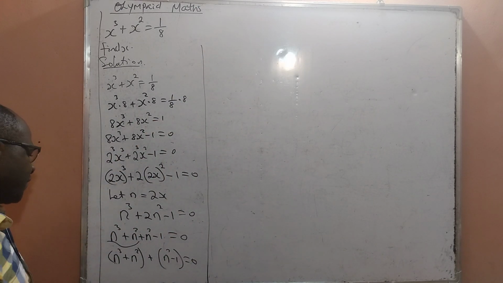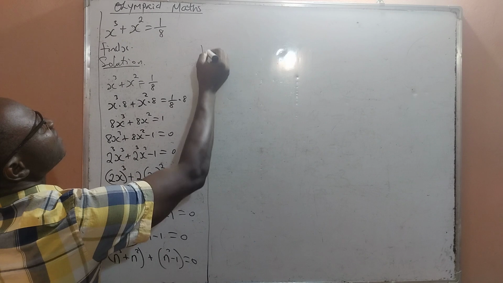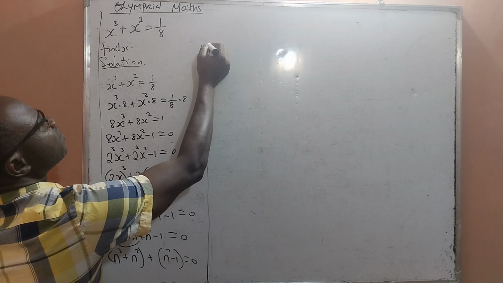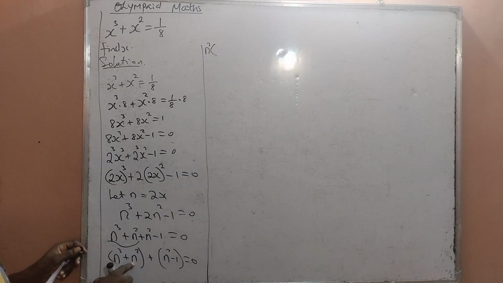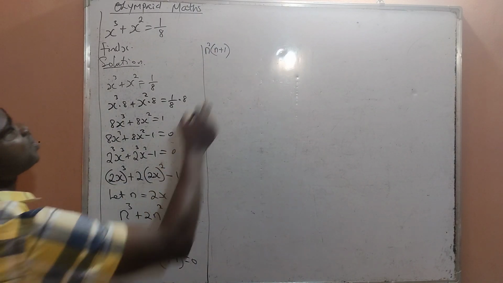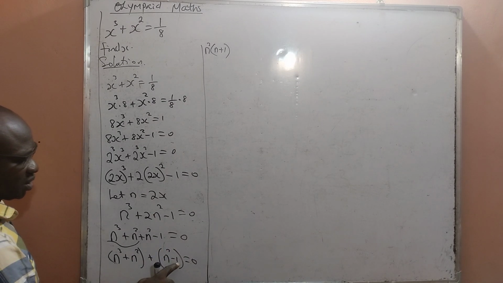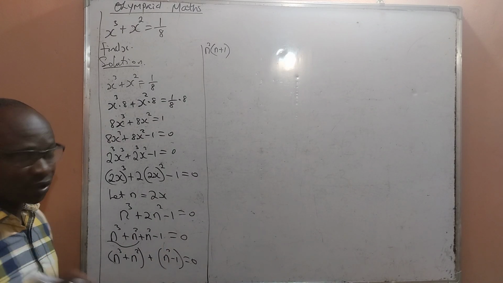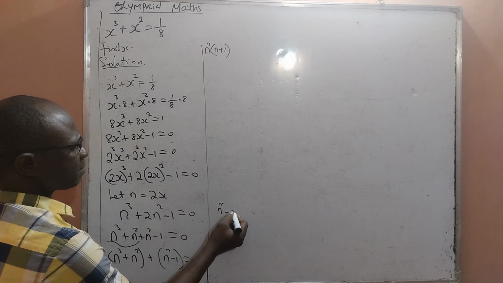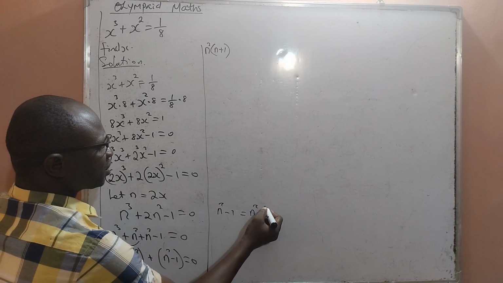Okay, moving forward on this, you can now see that n squared is common here, so I can bring it out to write it as n squared into n plus 1, then plus, you see, n squared minus 1 can be written as difference of two squares, because n squared minus 1 is the same as n squared minus 1 squared.